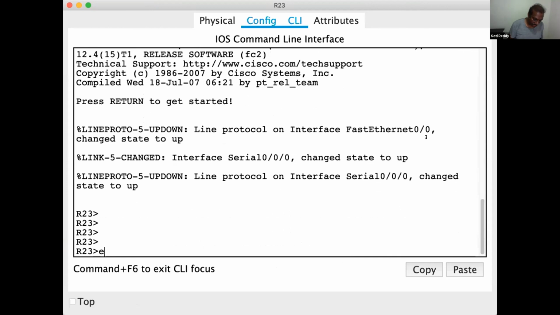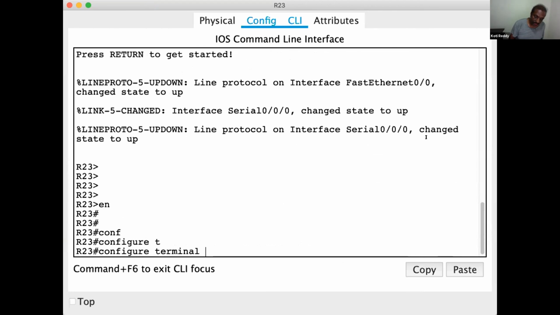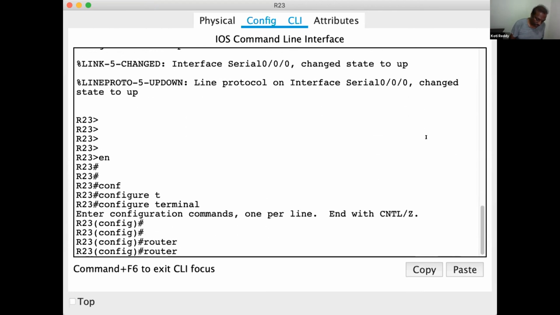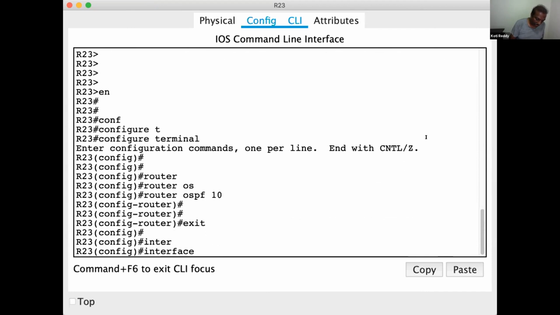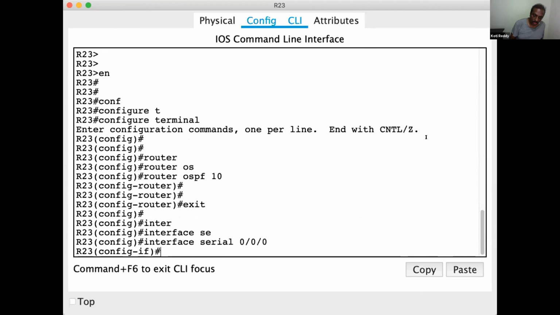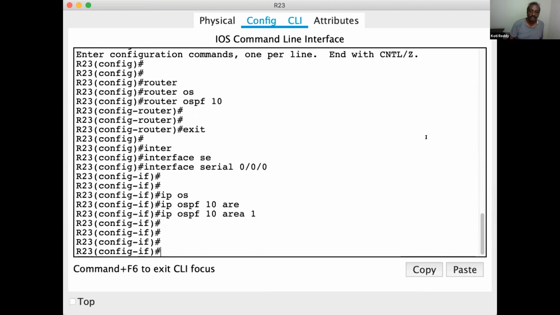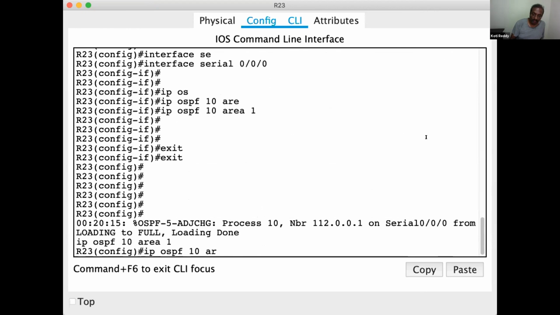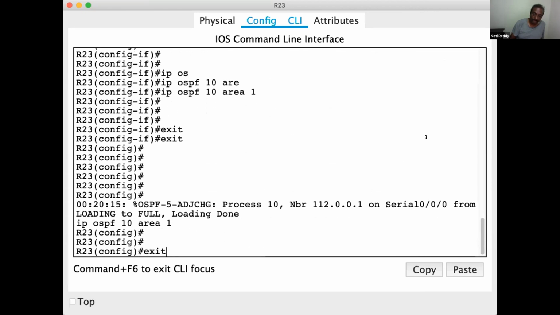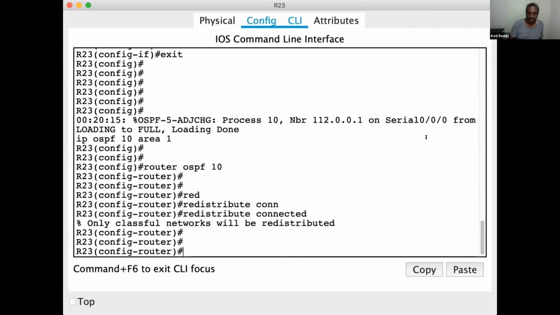So I go to R23. On R23, I say enable. I say configure terminal, router OSPF 10. I say exit, interface serial 0/0/0, IP OSPF 10 area 1. And also I say exit. Again, I go back to router OSPF 10. I give the command redistribute the connected network IDs.